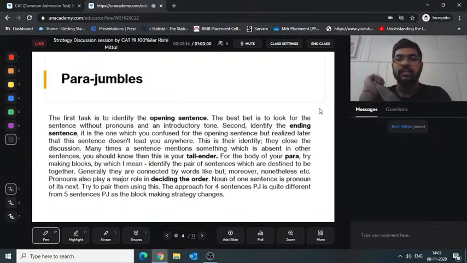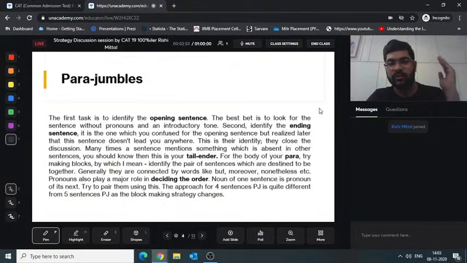And second, identify the ending sentence. The ending sentence is mostly the one which you might confuse with an opening sentence, but realize later that this sentence doesn't lead you anywhere. As I said, the ending sentence and opening sentence might both actually introduce a topic, but the opening sentence will be the one discussing the topic which is there in the rest of the sentences as well, whereas the ending sentence might introduce a topic which is not there in any of the other sentences, right?